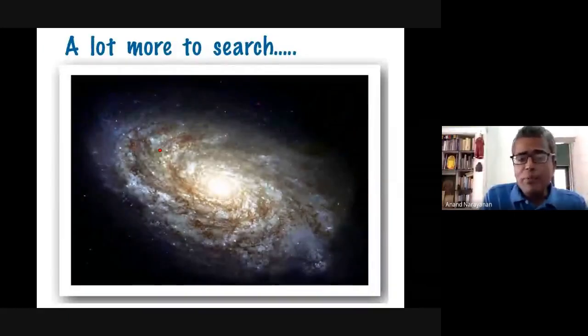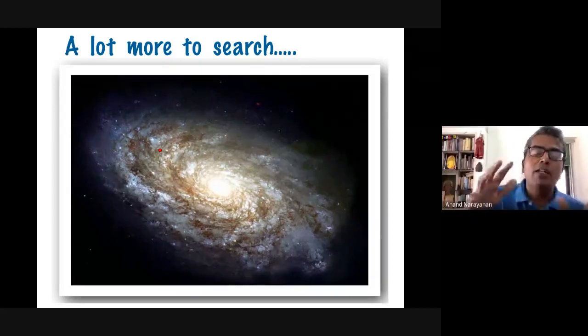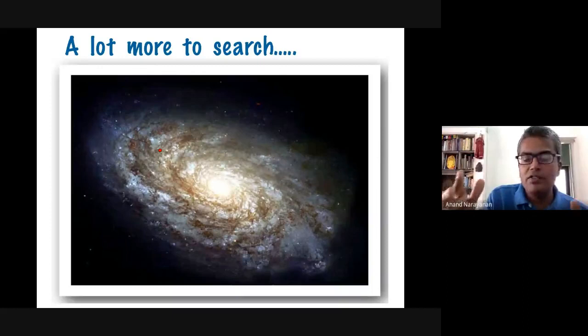And this is profoundly important because it enhances the odds of finding an Earth-like planet around a distant star that can potentially be a safe haven for life. A planet similar to Earth with liquid water and a dense atmosphere where the phenomenon of life as we know it is a possibility.